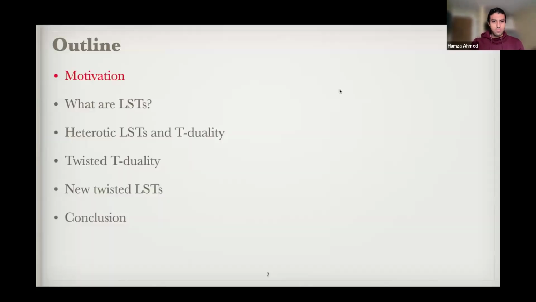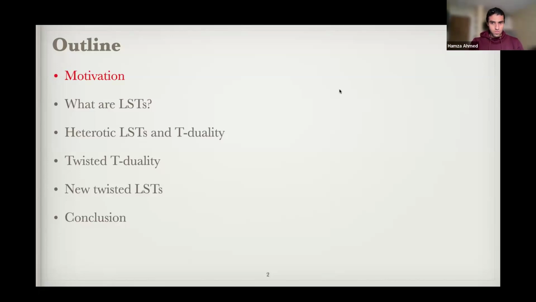Before we get into it, let me flash the outline for this talk. First, I'll try to motivate why we are interested in little string theories and why maybe you might also find them interesting. Then I'll give a review of what these theories are, and in particular, what the heterotic little string theories are and what it means for them to be T-dual.